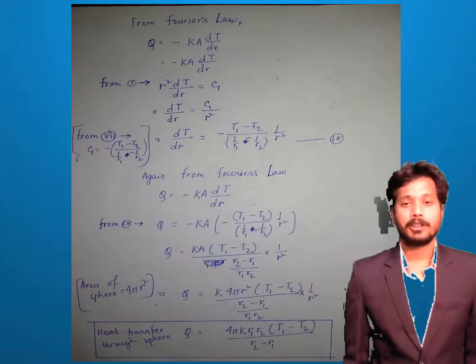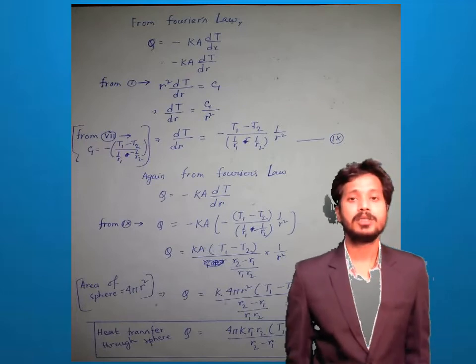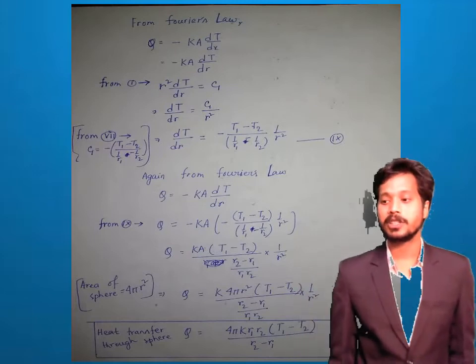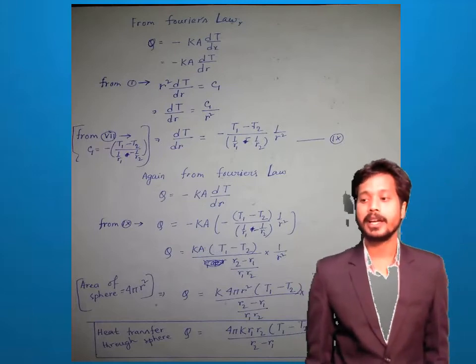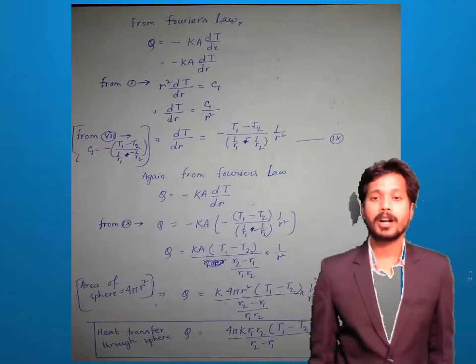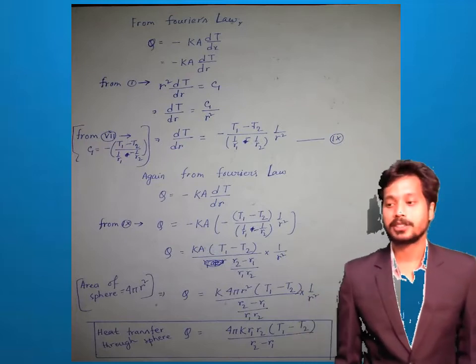Now from Fourier's law, Q equals minus K into A into dT by dR. So let's put the value of dT by dR. We get Q equals minus K into A into (minus (T1 minus T2) by (1/R1 minus 1/R2)) into 1 by R square.